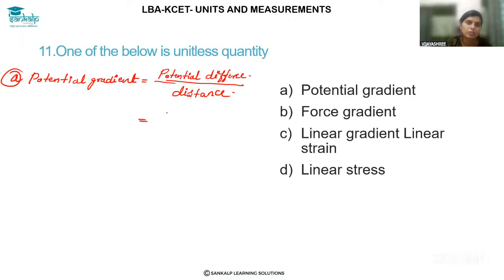Potential difference means voltage V. Voltage is work per charge, the amount of work done to move a unit positive charge from one point to another, divided by distance.